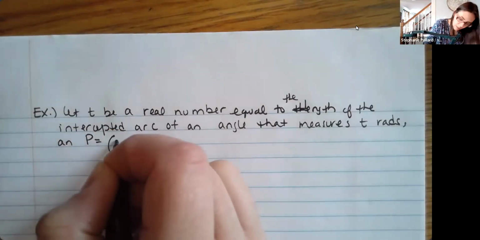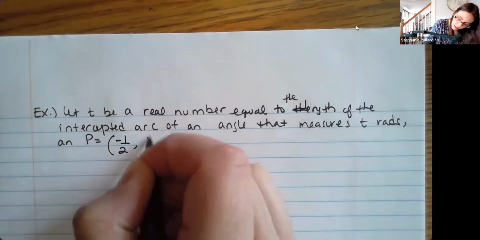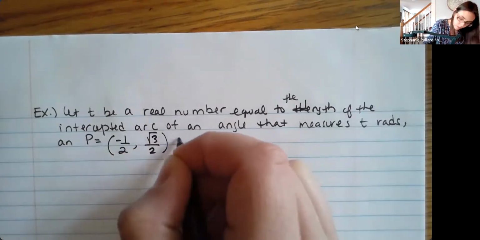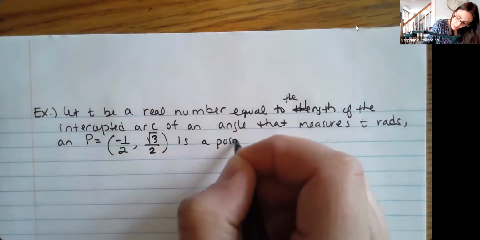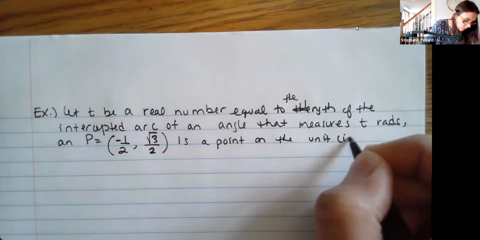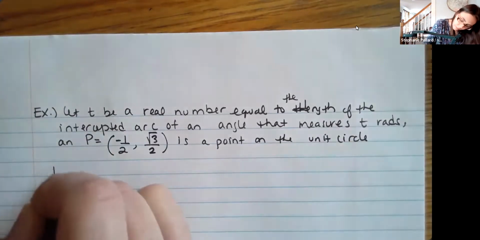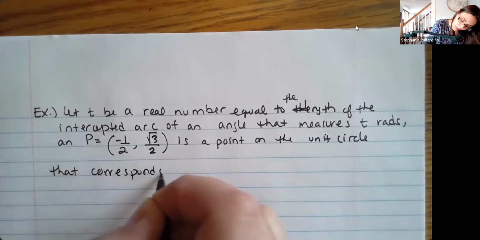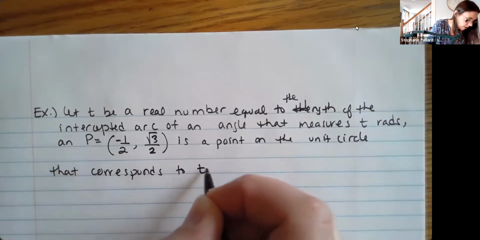And our point here is going to be specifically (-1/2, square root of 3 over 2). And this is a point on the unit circle that corresponds to that angle t.